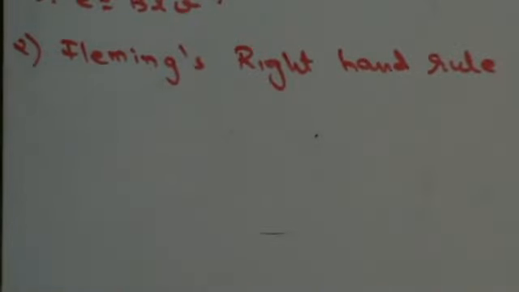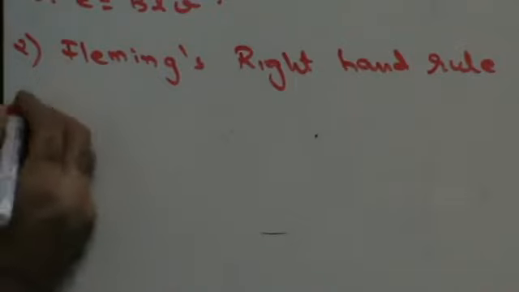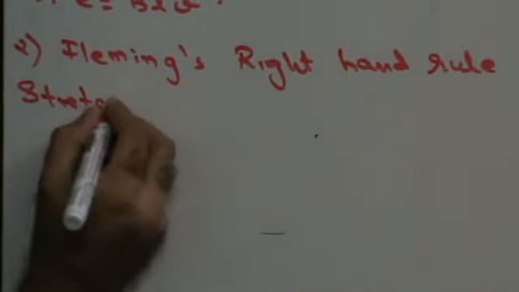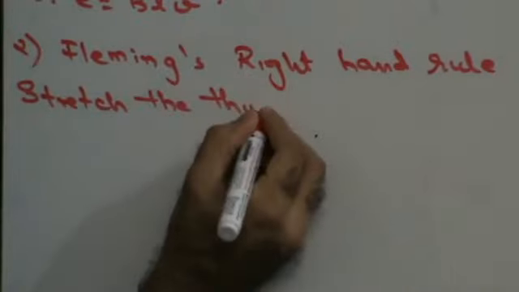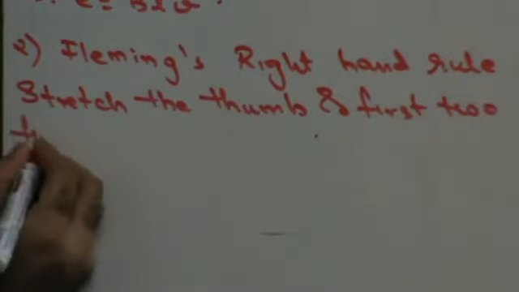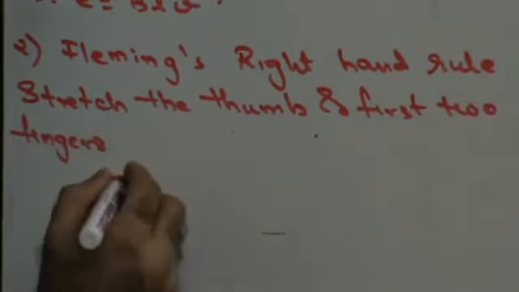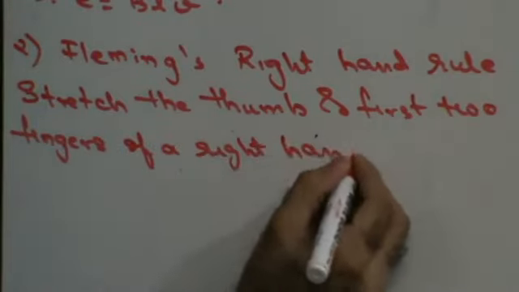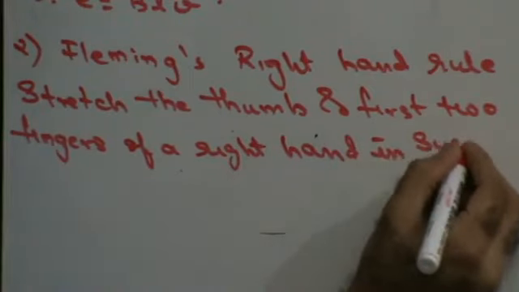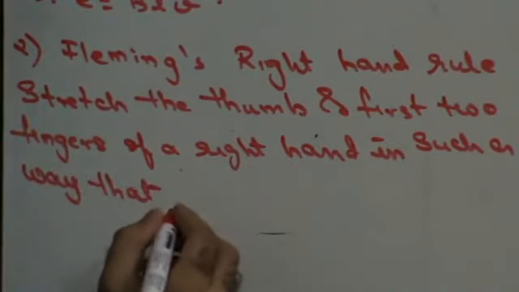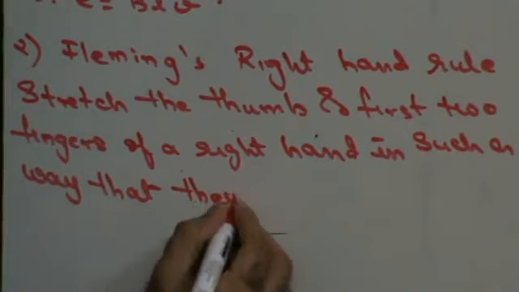Fleming's right hand rule says that stretch the thumb and the first two fingers of the right hand in such a way that they are mutually perpendicular to each other.